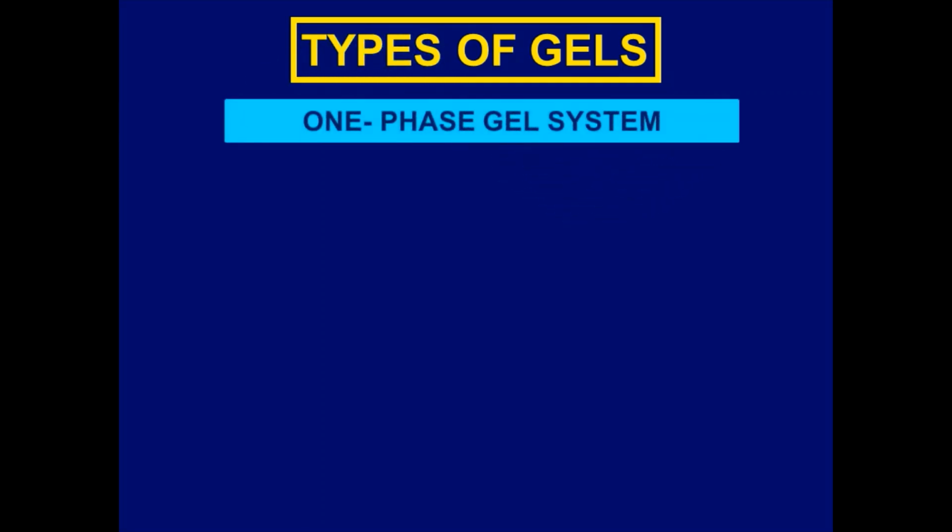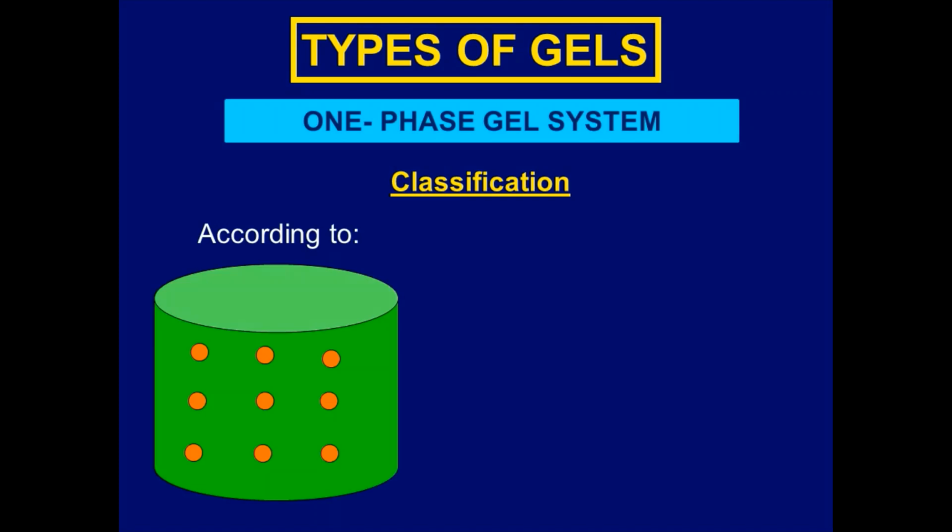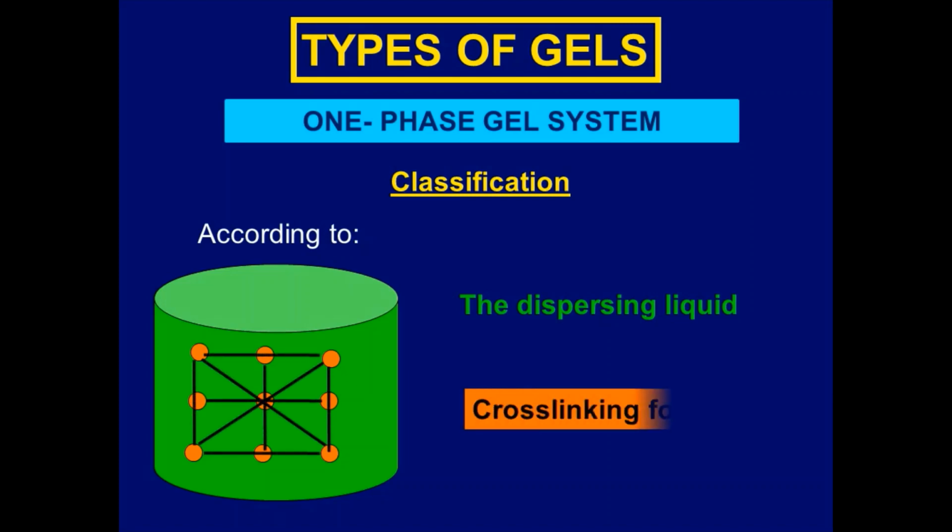In one-phase gel system, there is a subdivision of this system. They are classified according to either the dispersing liquid or the cross-linking forces.